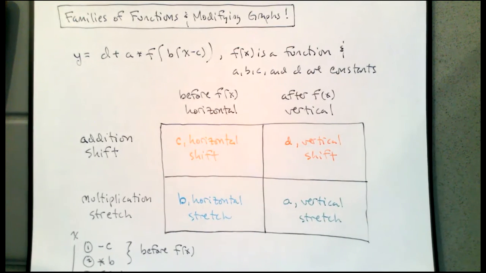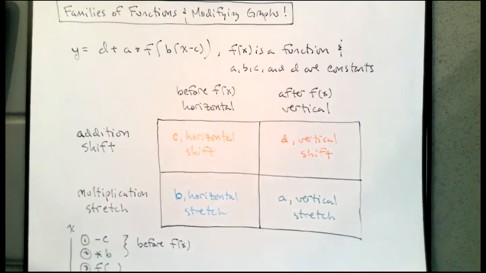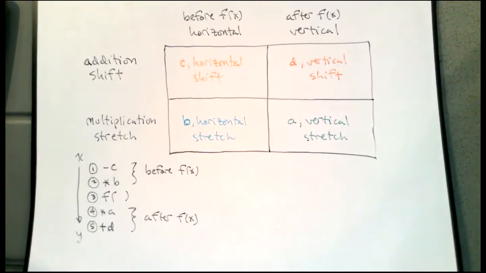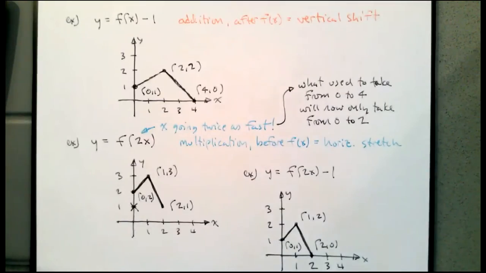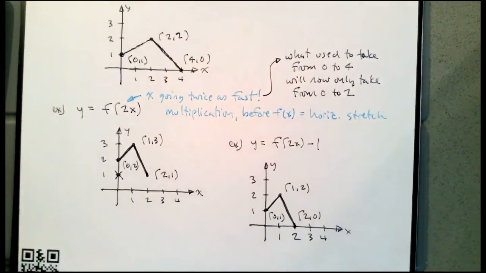The function is just a list of instructions, a list of things to do to x. And so we should understand what order we have to do things, because we don't get to do multiple things at once. We don't get to multitask.